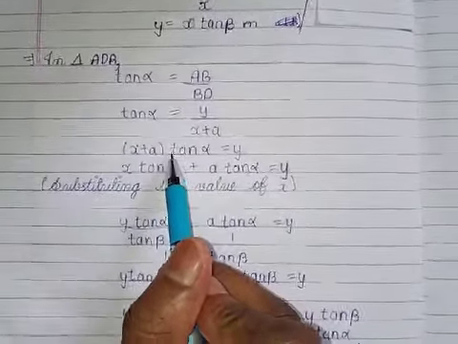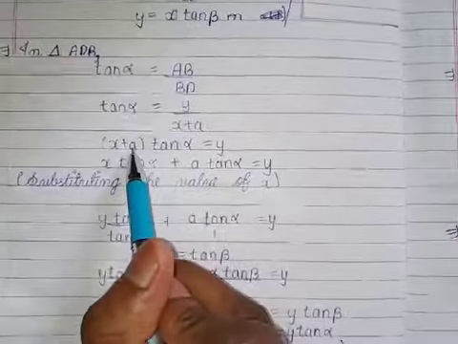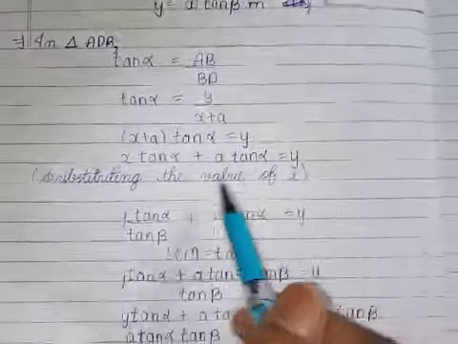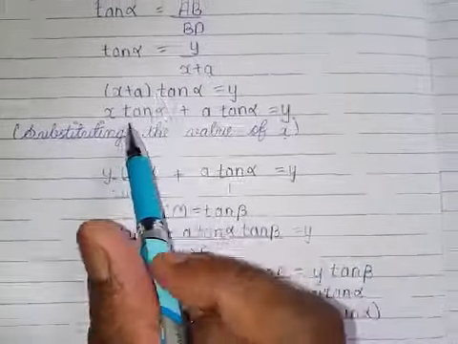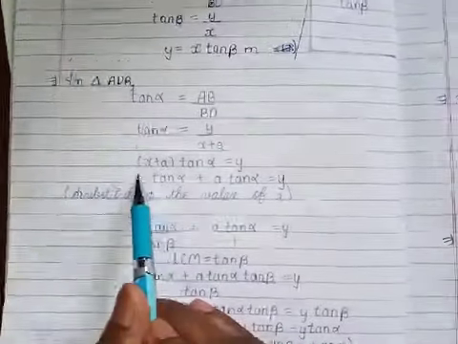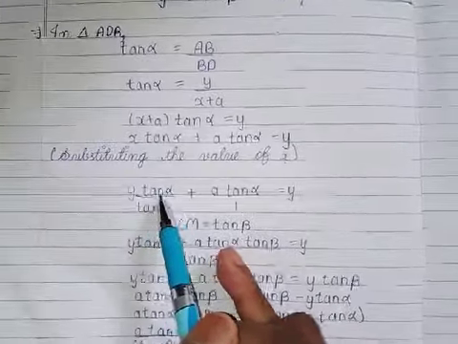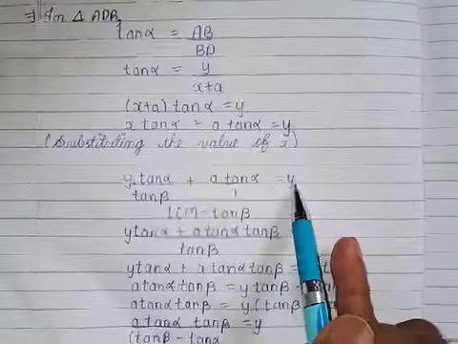Before that, just multiply: x tan alpha plus a tan alpha is equal to y. Substituting the value of x, y upon tan beta in place of x, what we get is y tan alpha upon tan beta plus a tan alpha is equal to y.